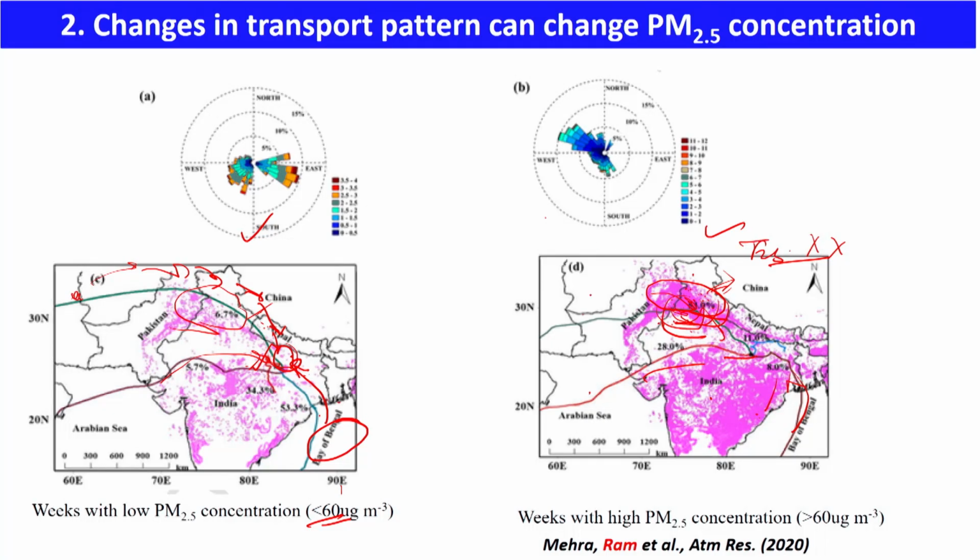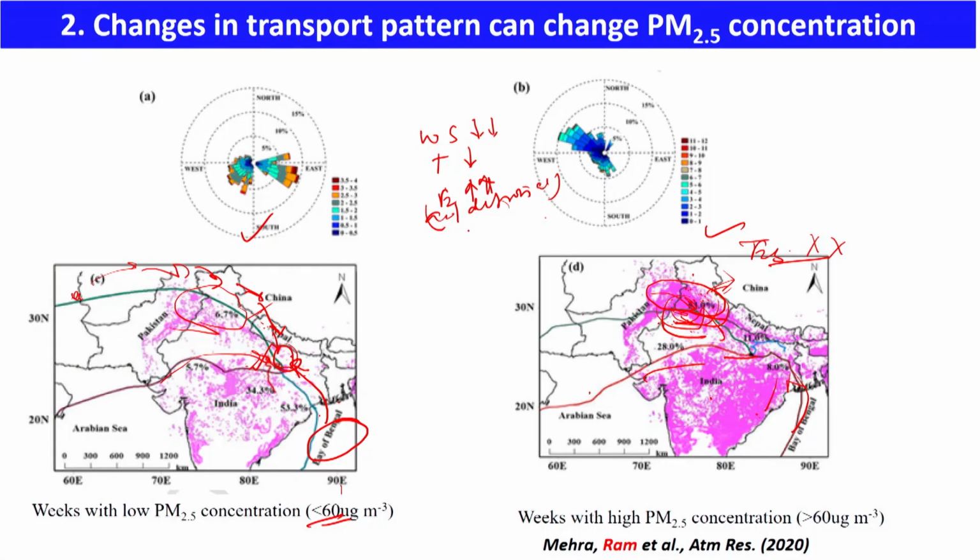For example, during this period the wind speed slows down, temperature also becomes lower, and total emission is increasing, as you have an additional source of agriculture based burning.